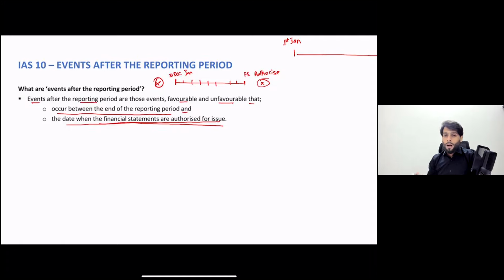All right. Now, there is one exception that I would like to highlight right here. IAS 10 says that although a transaction that happens after the date when financial statements have been authorized by the board of directors is outside the scope of IAS 10, however, if such a transaction happens right after the financial statements have been authorized and poses a going concern threat, it matters.